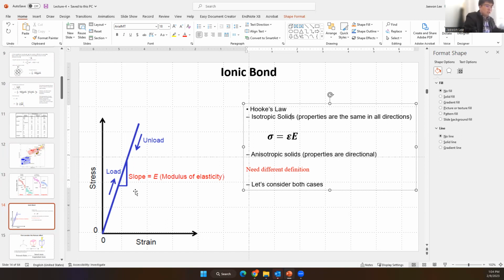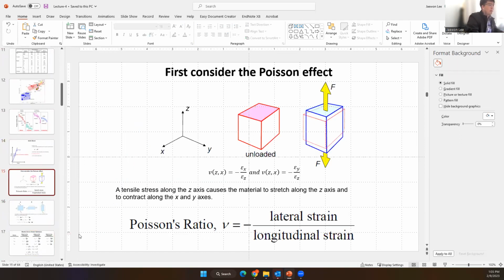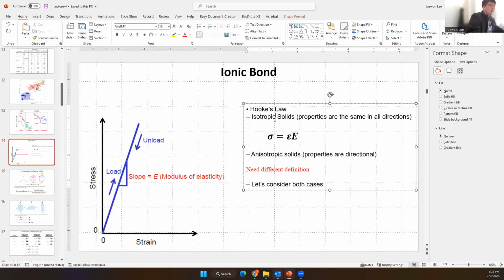The crystal structures could be different, depending on their unique crystal structures. You already know. So we are going to look at isotropic solid or anisotropic solid properties.